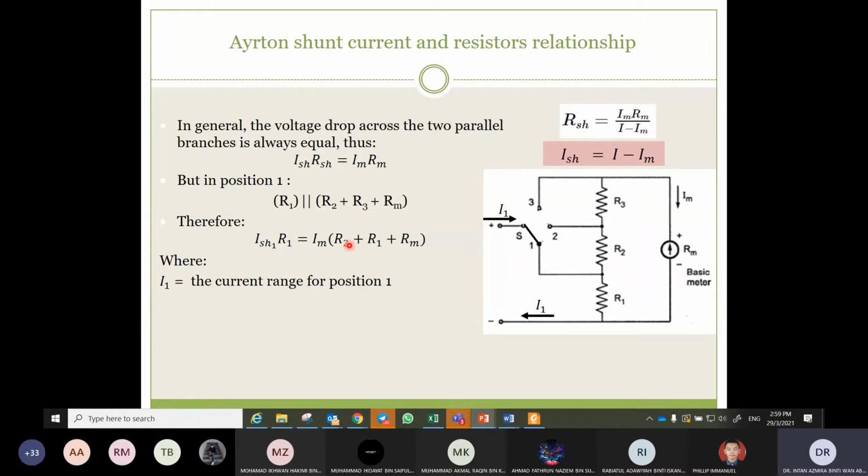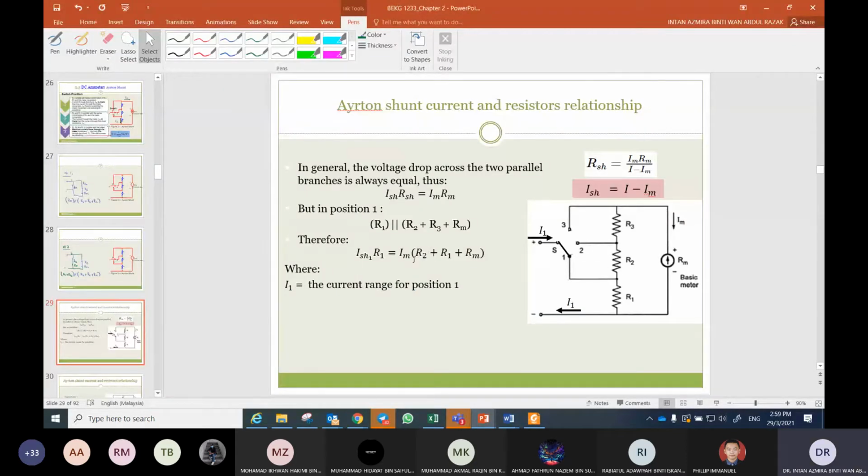Okay, mistake here: it should be R2 plus R3 here. So please do the correction in your slide. I1 is the current range for position 1. I1 is here, and it will divide into I shunt 1 and Im.